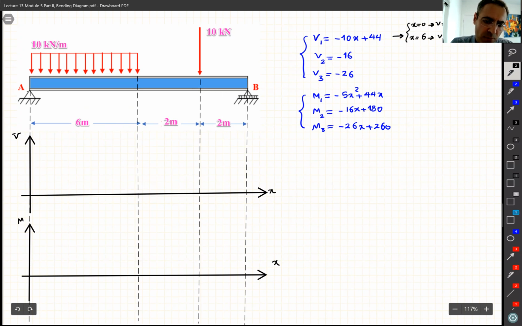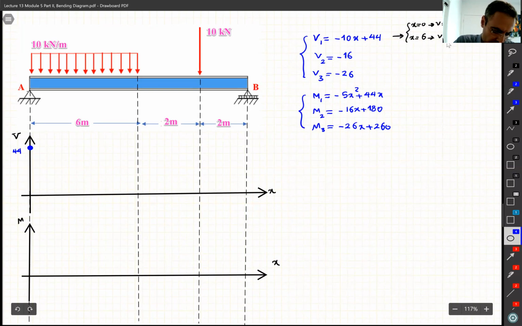When x is 0, V is 44. Let's say this point is 44. And when x is 6, like this boundary in the middle, then V is minus 16. So let's say minus 16 is there.